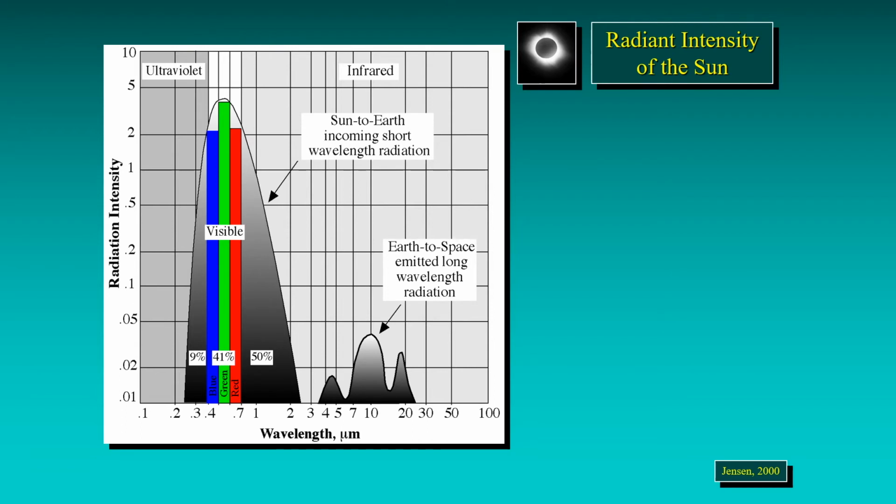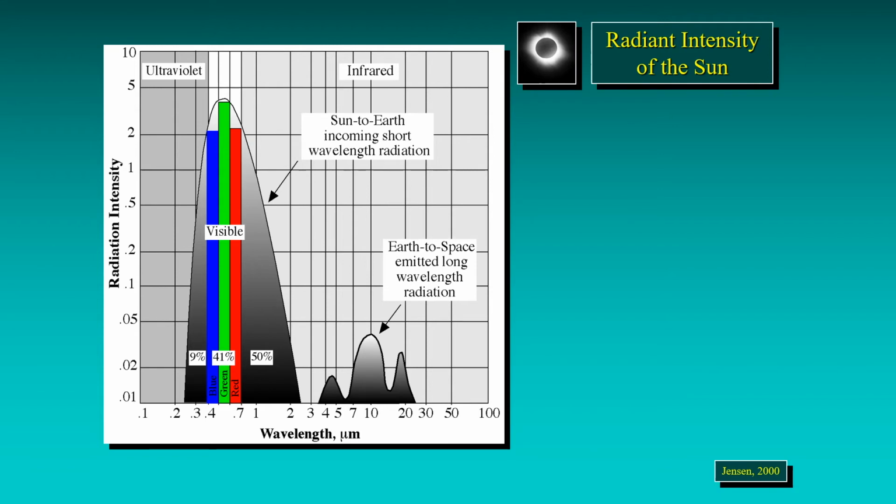Dominant wavelength at 9.7 micrometers, so it's much longer wavelength radiation, which is the dominant wavelength of the radiation that is being emitted by the Earth out into the vacuum of space after it absorbs that energy coming in from the sun.